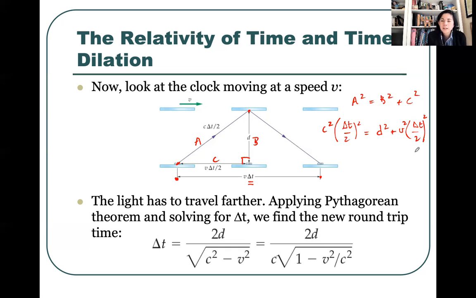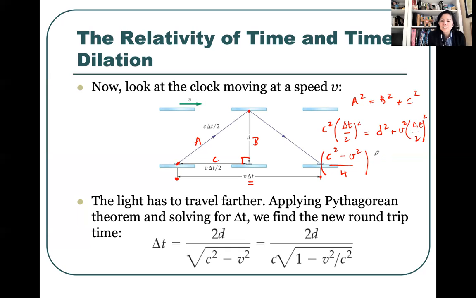So I'm going to simplify. I'm going to bring this on the other side, and that means that I'm going to end up with c squared minus v squared, divided by 2 squared, so 4. If you want to skip the details of this calculation, you have the results at the bottom.